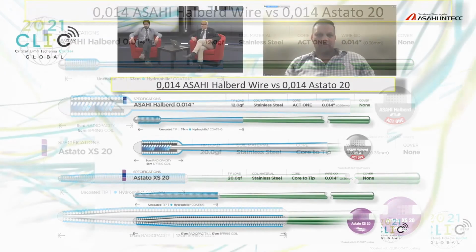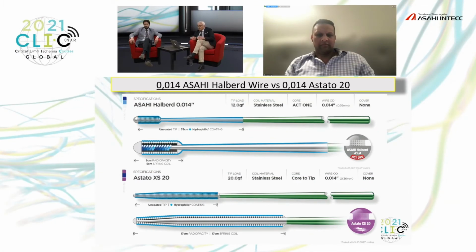So this is the direct comparison of the wire we described. We used the Albert 1.4. You can see here the difference compared to the Astato 20. The Astato 20 is a tapered and contoured tip. Directly the core of the wire arrives exactly at the tip of the wire.